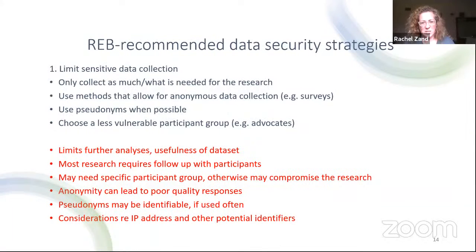There are people who like to use the same usernames in a whole variety of, say, online forums, and so they're somewhat identifiable. And finally, we ask researchers to consider whether they need to collect IP addresses or other potential identifiers, because those, in fact, render, for example, a survey not anonymous.